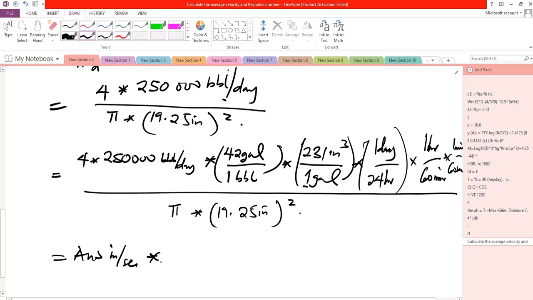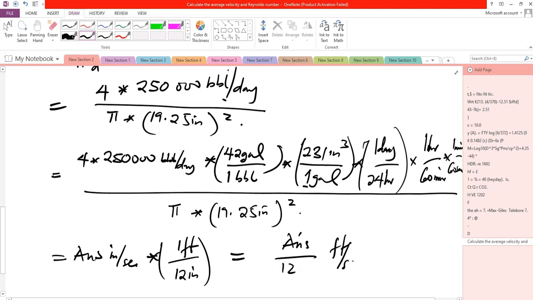Now we need to change it to feet. So 1 foot is equivalent to 12 inches. So we divide the result by 12, which will give us feet per second.